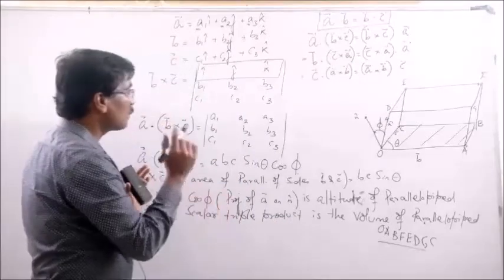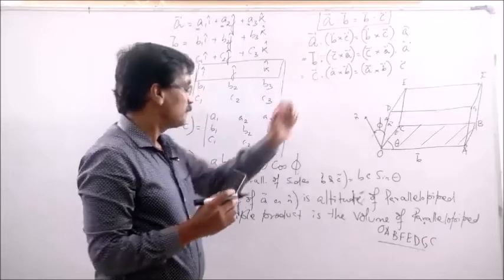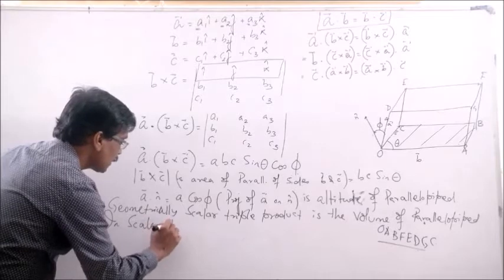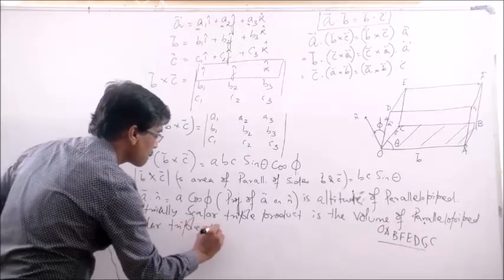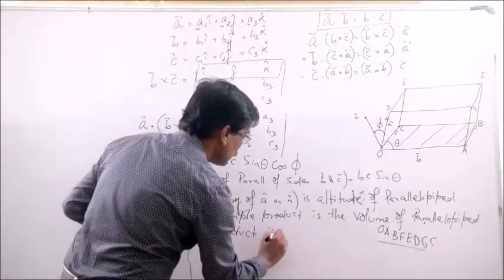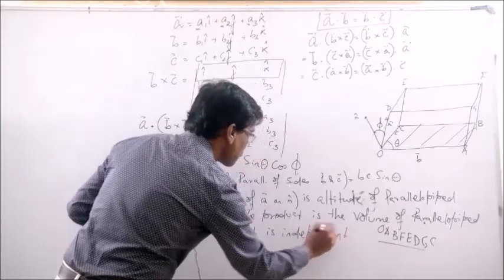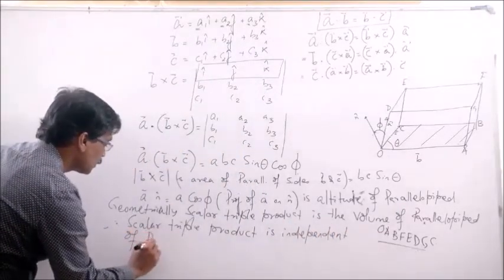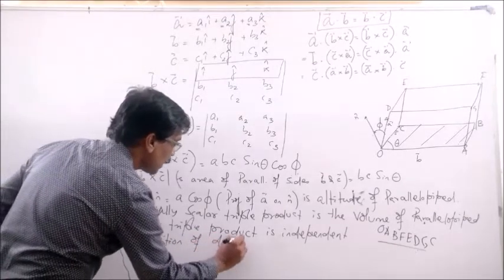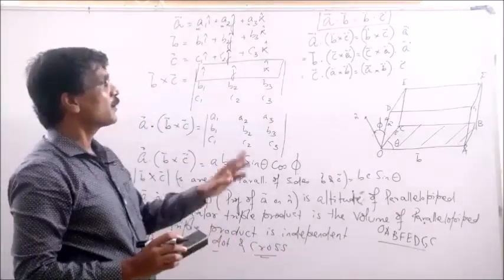Another most important fact is that the scalar triple product is independent of the position of dot and cross. So, it does not depend upon dot and cross.